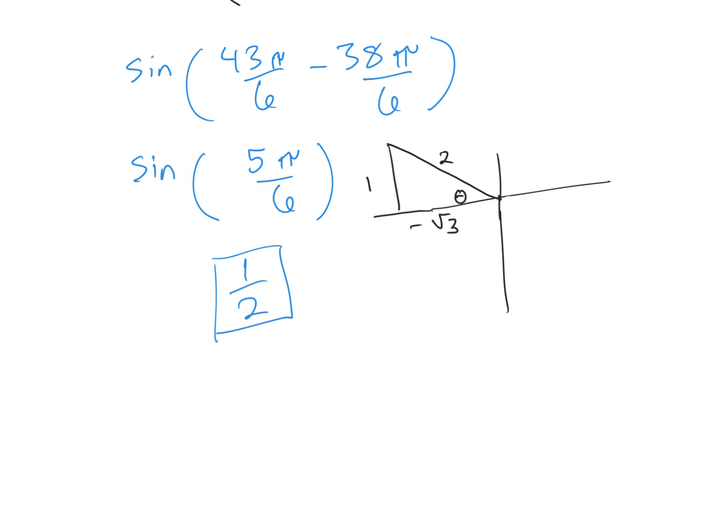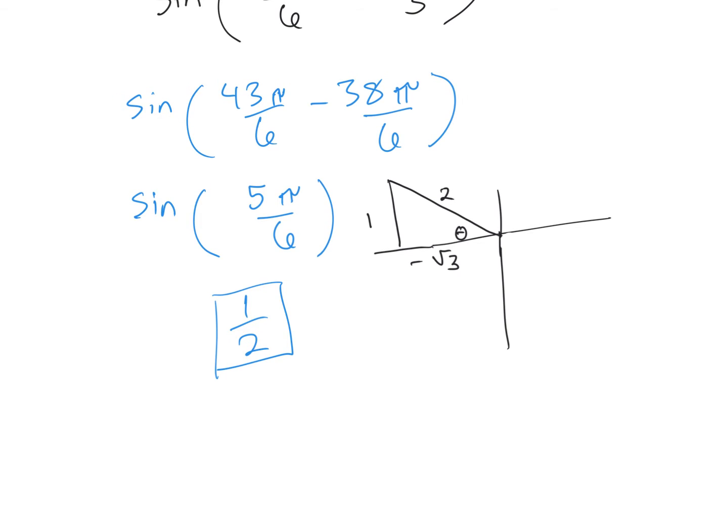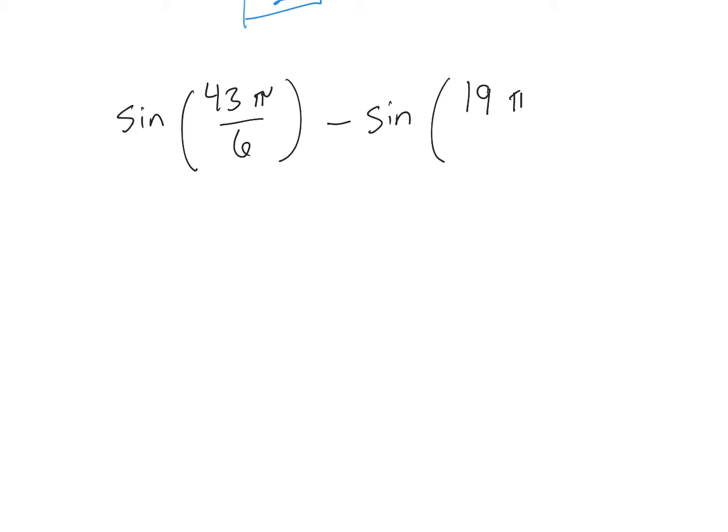Let's say something different. Instead of 43 pi over 6 minus 38 pi over 6, what if we had it separately? So what if we had sine of 43 pi over 6 minus the sine of 19 pi over 3.